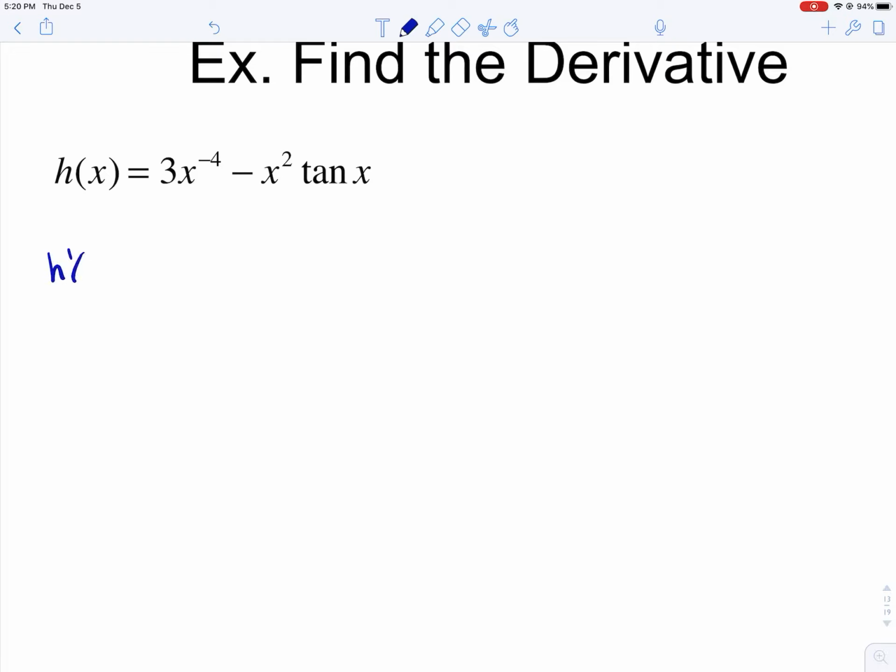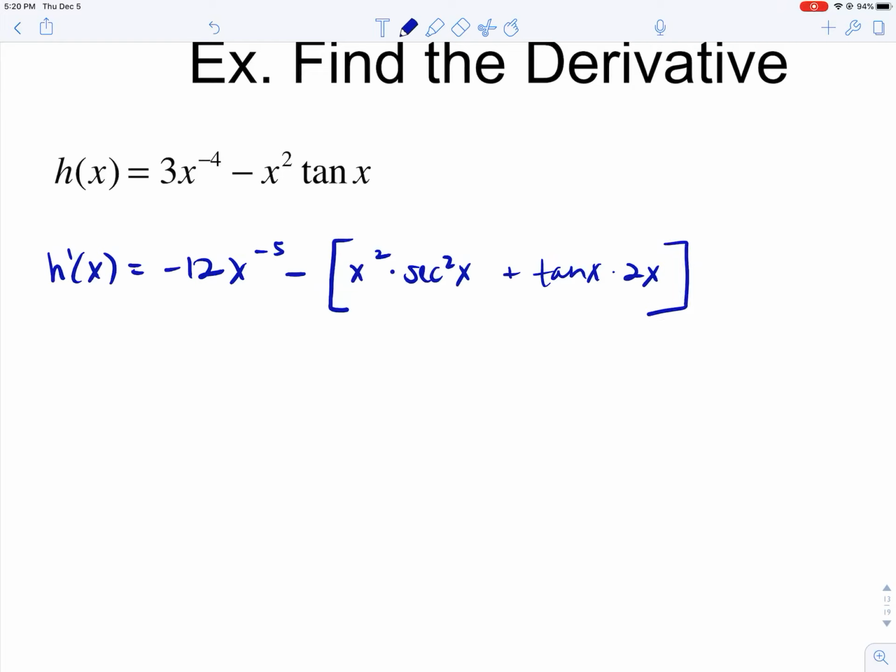So h prime will be negative 12 times x to the negative 5th. And then we're subtracting, and now we'll use product rule. So first factor times the derivative of the second factor is secant squared, plus the second factor times the derivative of the first.